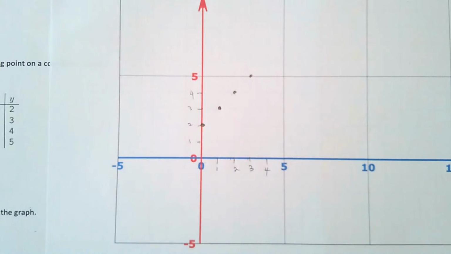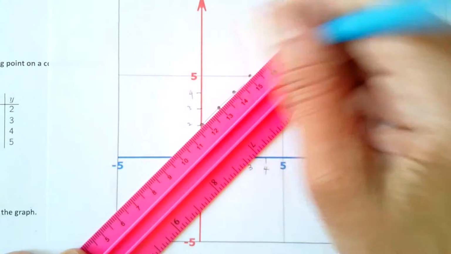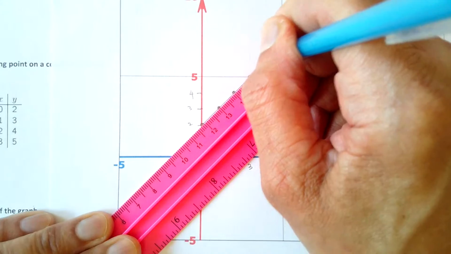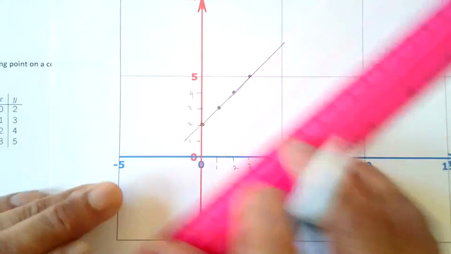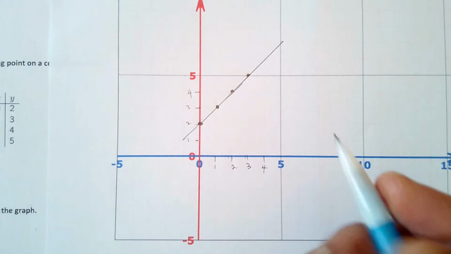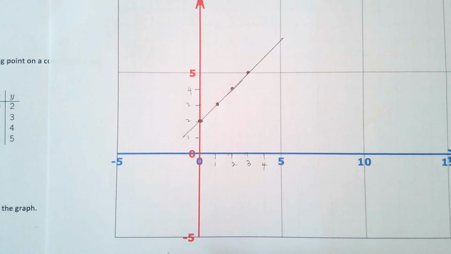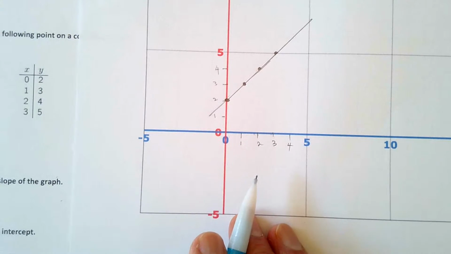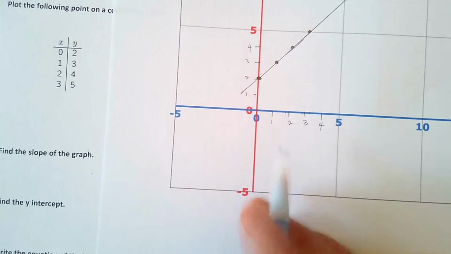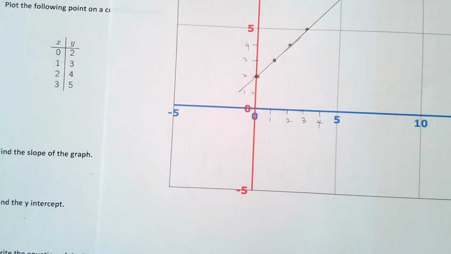Take a ruler and construct a straight line. I can extend this line, that's fine. The y-intercept here, right away we know it's 2. So we can write that down here: the y-intercept is equal to 2. Make sure I got this image straight here.